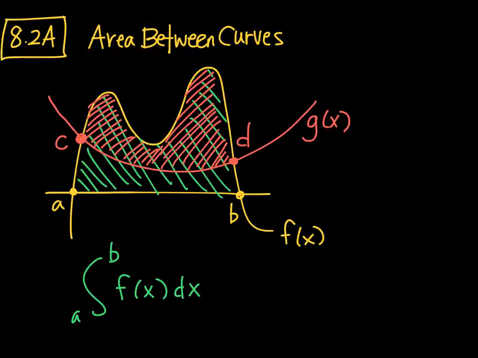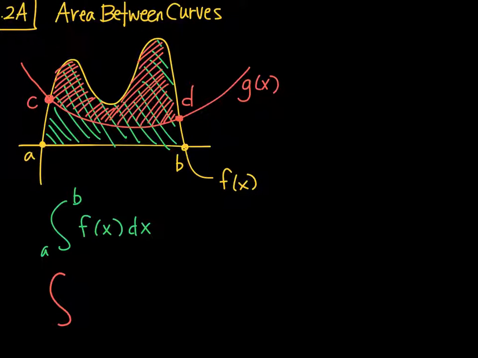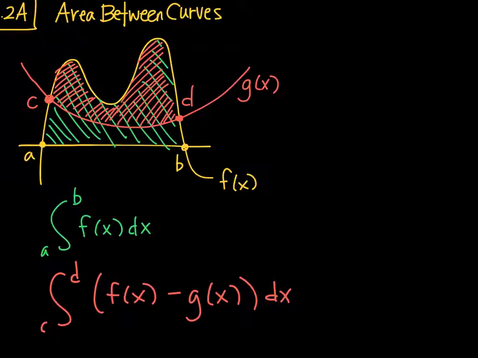then the area that's red will be found as the integral from c to d of f of x, which is forming the shape of the upper boundary, minus g of x, which is forming the shape of the lower boundary, and we still have dx on there.